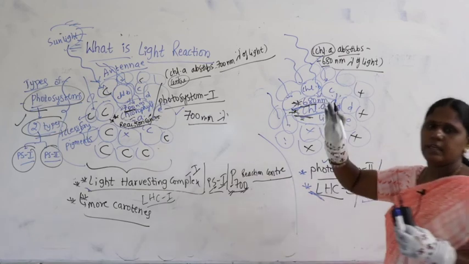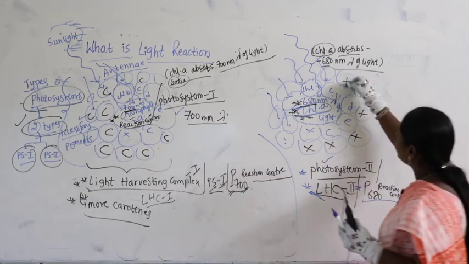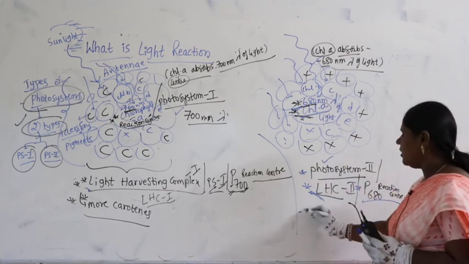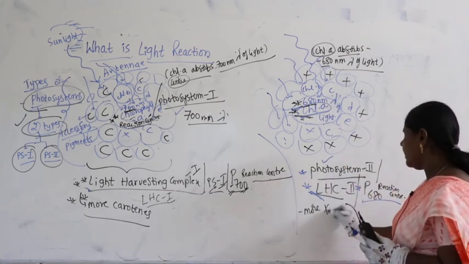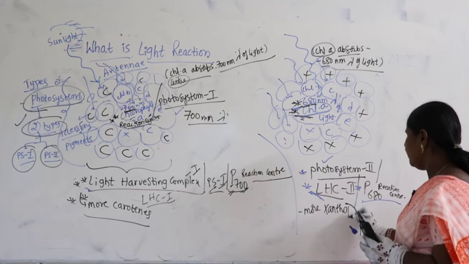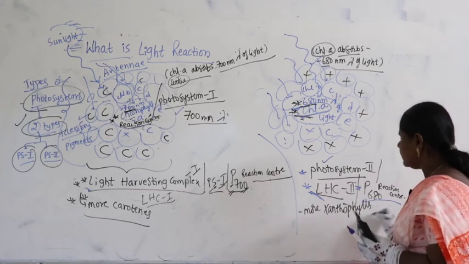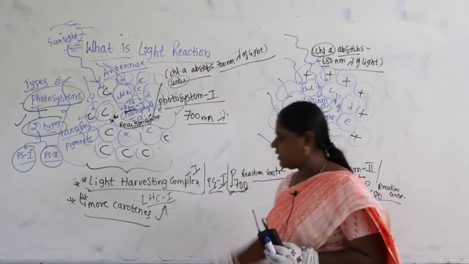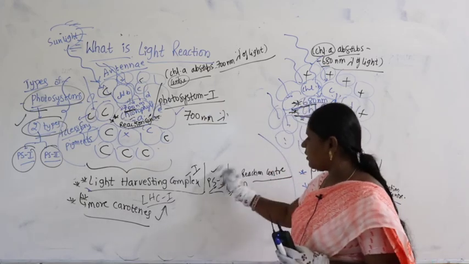Of course, A, B, C, D are all present, but along with that we find more xanthophylls. If more xanthophylls are there, then we can understand that it may be photosystem 2. More carotenes, then we can identify that as light harvesting complex number 1 or PS1.